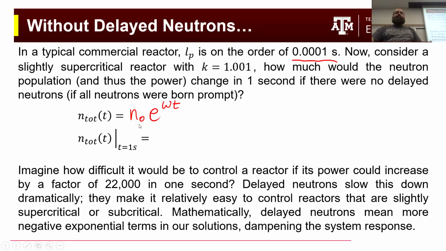Then we can plug in omega and evaluate this at t equals 1 second. So I have n naught times e to the omega t, and we already said that omega from the previous slide was (k minus 1) over l_p. So in the numerator I have 1.001 minus 1, which is 0.001, divided by l_p, which is 0.0001, and that has units of seconds because it's the prompt neutron lifetime.